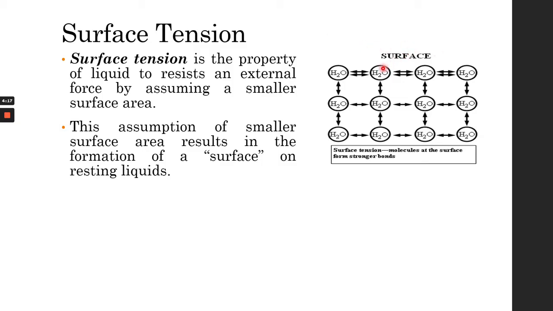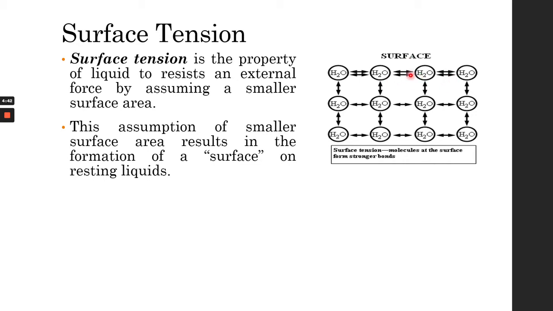So what they do is create a stronger connection to their neighboring molecules, the ones beside them. This stronger bonding between the molecules on the surface of the water creates the surface tension.